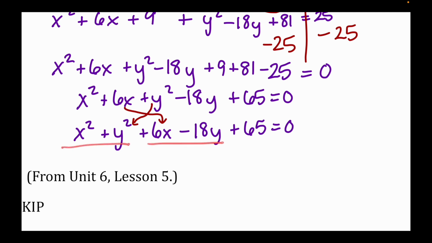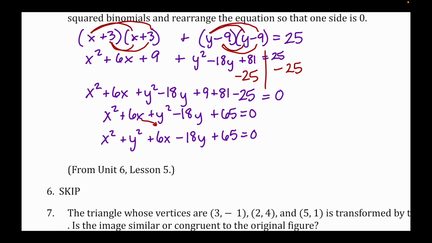So x does come before y, but our squared terms should come before the linear terms, or the ones that just have x to the power of 1. So if I'm going to be formal and fancy about it, I'm just going to swap places with these two. I only really need one of those arrows here, just showing that I'm moving it. But this here would be what they're asking for. So this is my answer.